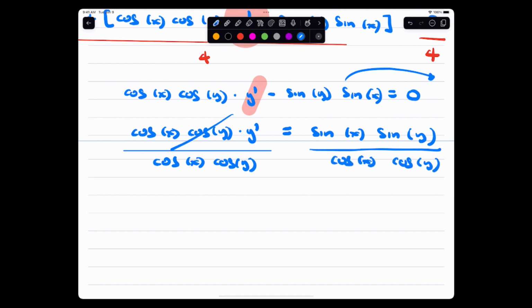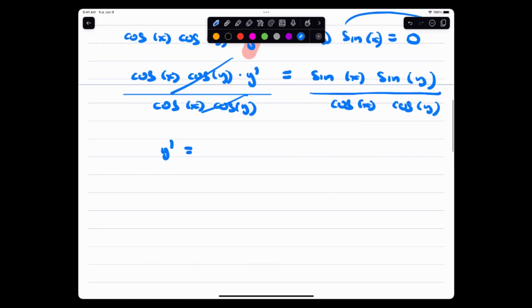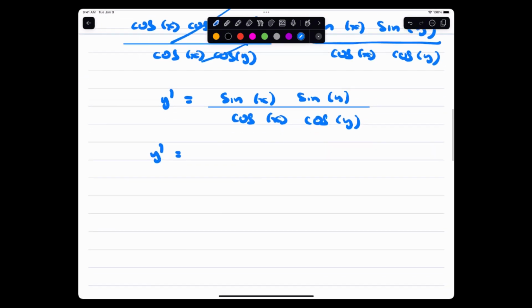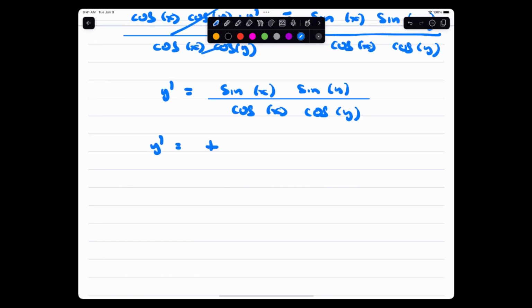Okay, and you cancel, and you get y prime is going to be sine x, sine y over cosine x, cosine y, and then I'm going to say to you guys, sine over cosine is tangent. Yeah, tangent x, tangent y.